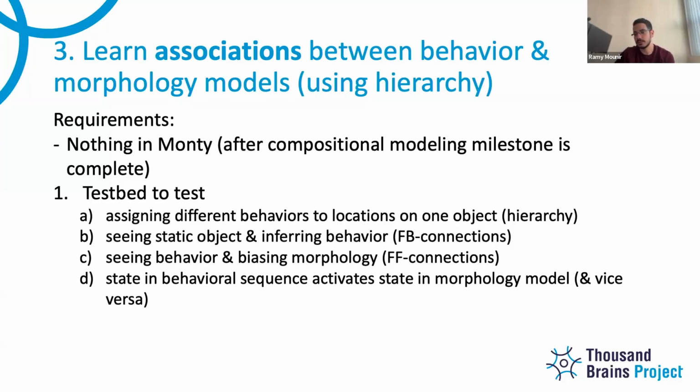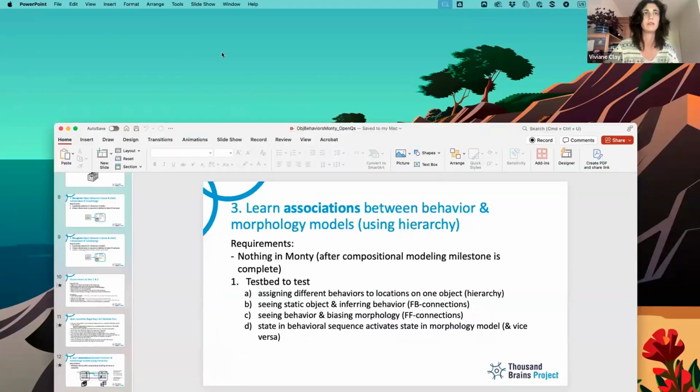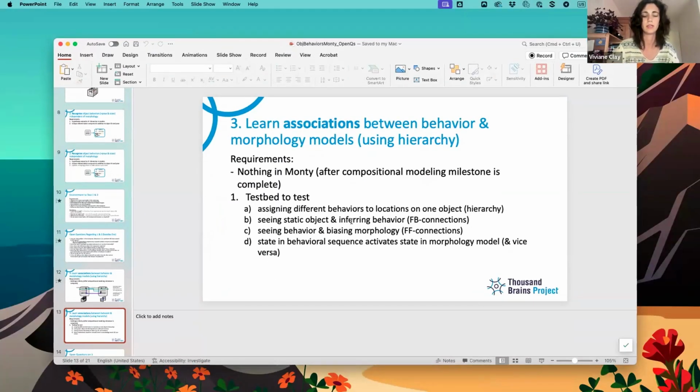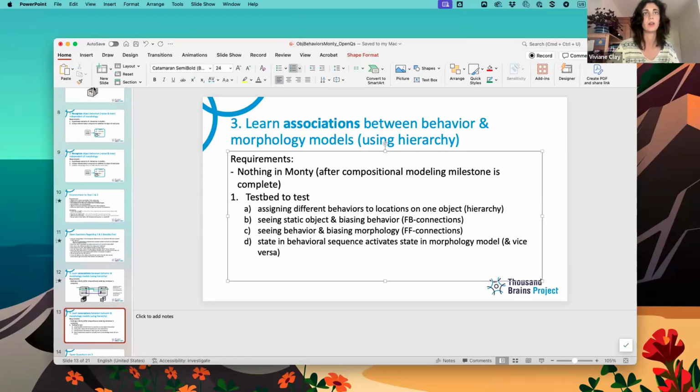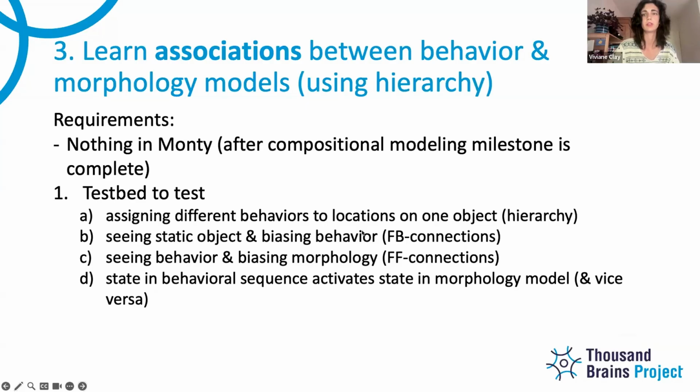I think this is basically what Jeff is saying also. So point B, I can just change that to biasing. Yeah, if there can be multiple behaviors at one location, then it's still biasing. But if there's just one behavior stored, then it should be kind of predicting that one behavior.